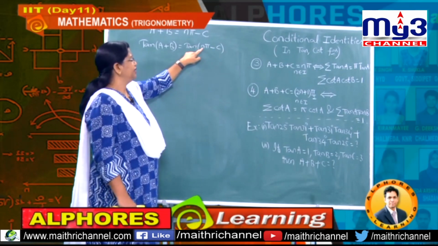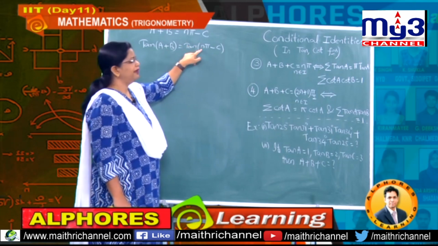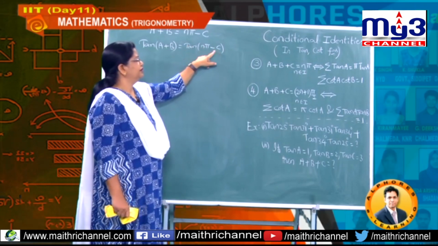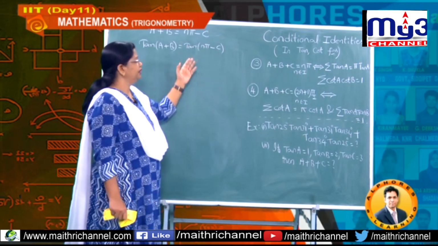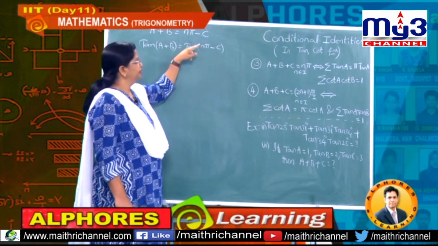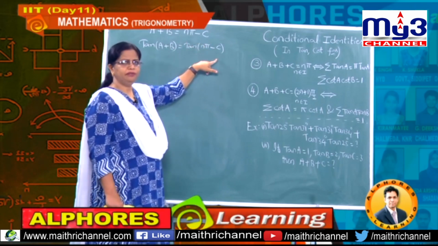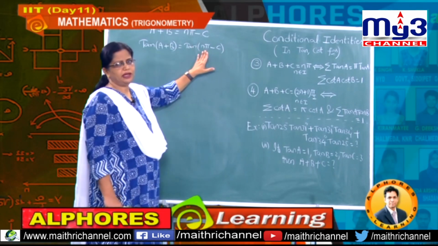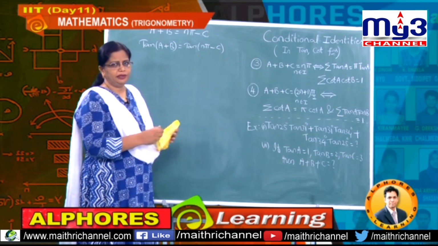It is n pi, n may be 1, n may be 2, n may be minus 1, etc. So what is n pi minus c? If n is odd, it falls in the second quadrant. If it is even, it falls in the fourth quadrant. Therefore, as a whole we say the answer is nothing but negative, understand.